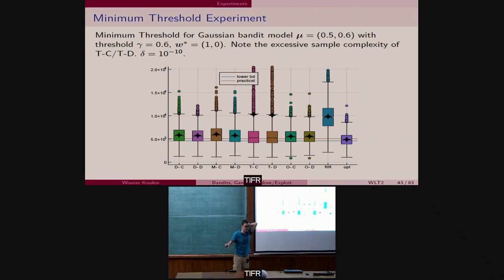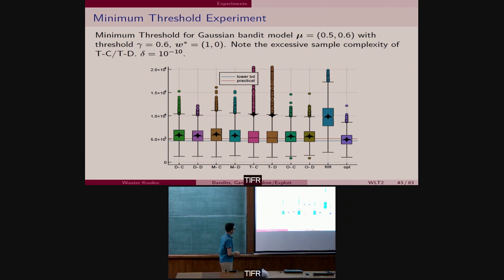I have to answer that to give an answer. So you sample on arm 2, and it won't help you because it's at the threshold. So the forced exploration has to, at some point, get you out of this mode and make you see that arm 1 is below the threshold. And that forced exploration goes very slowly. That's the reason for these rare but super long runs that are making the mean explode.